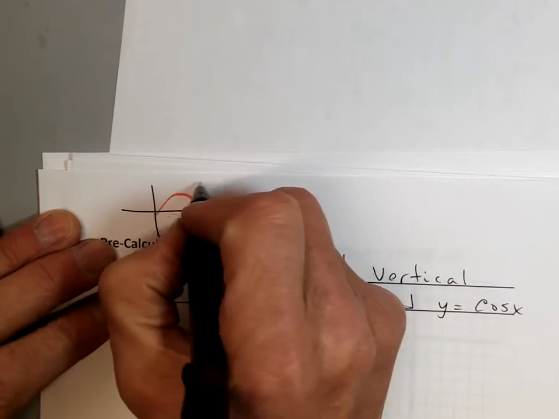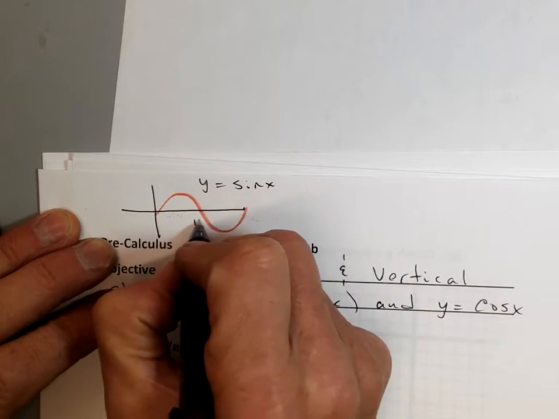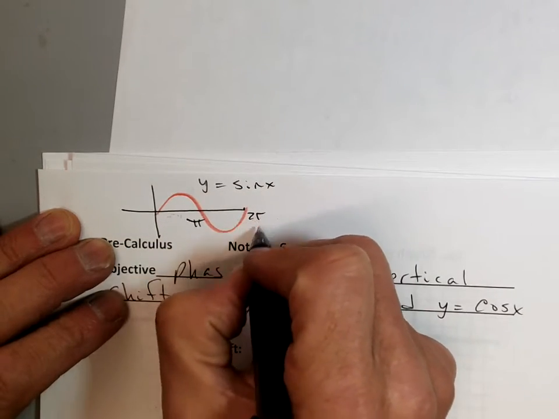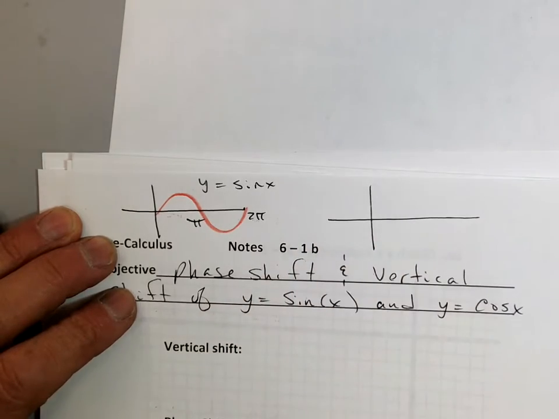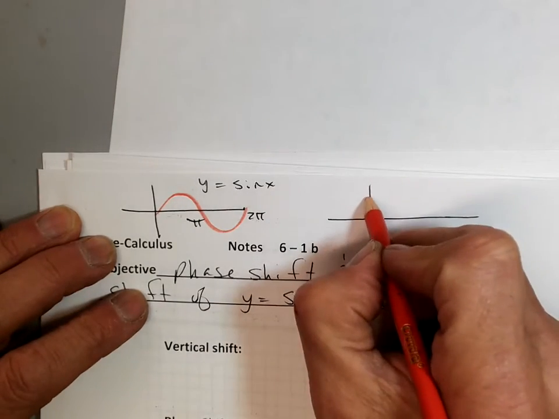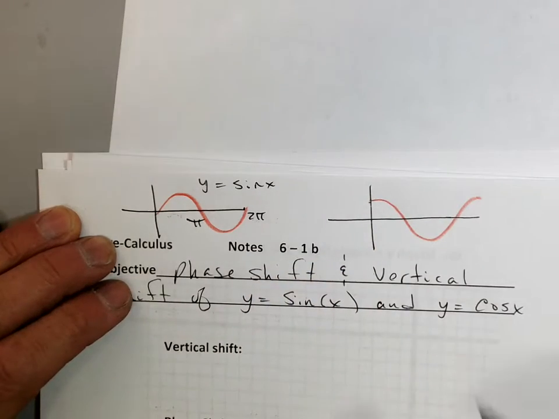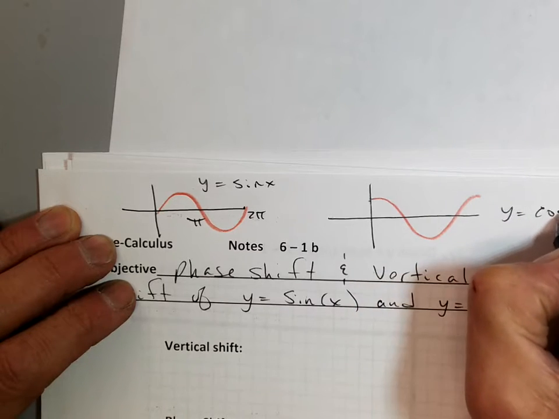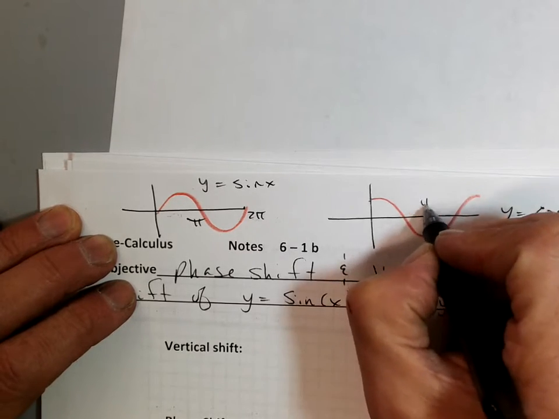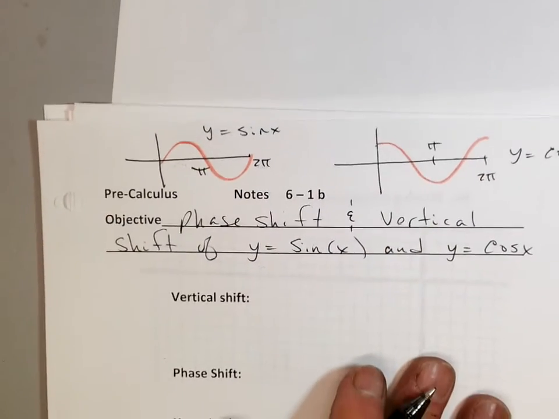That's y equals sine of x, pi, 2 pi, right? And my cosine looks like this. And this is y equals cosine of x, pi, 2 pi. All right? I've got the general shapes.